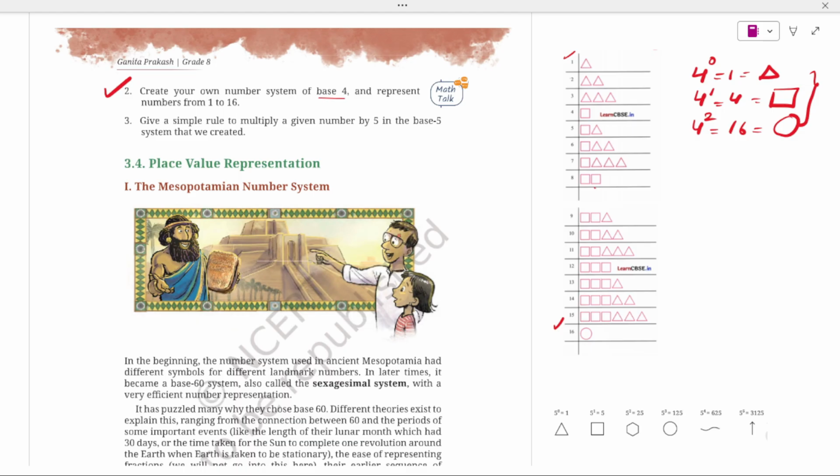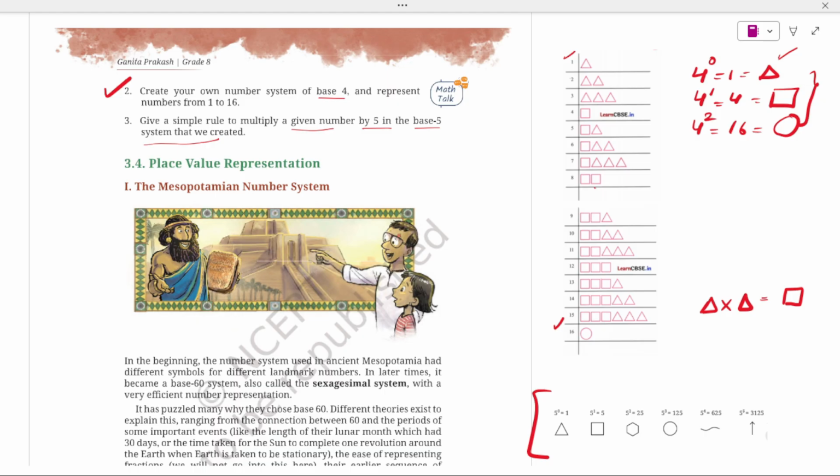Now moving to the next: give a simple rule to multiply a given number by 5 in the base 5 system that we created. See, we have created this number system with the use of the base 5 number system. They are just asking for a simple rule to multiply. So there is no rule. When you multiply any of the symbols from this number system, you will get another landmark number.